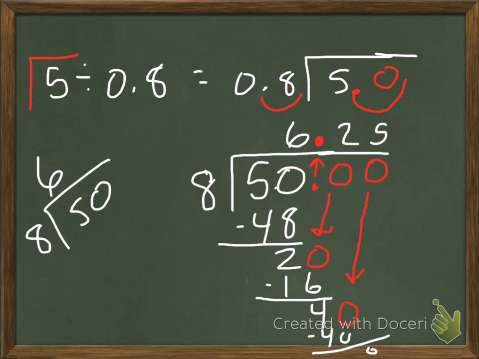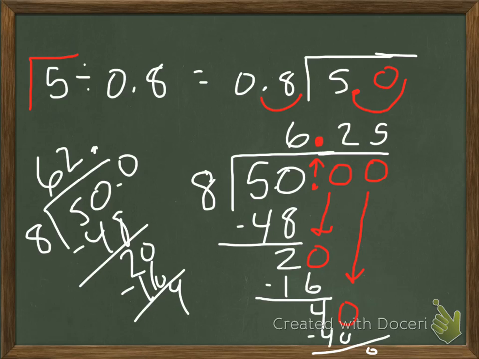But you put the 6 there. I'm going to do this kind of quickly. And you're going to have an empty space right here, which you're probably going to put a 2 there, because you're going to say 8 goes into 20 16 times, you get 4. So you're probably going to come out with 62.5. So that's why it's important that you put it in the right spot, because if you do that, then your decimal should also be in the right spot.